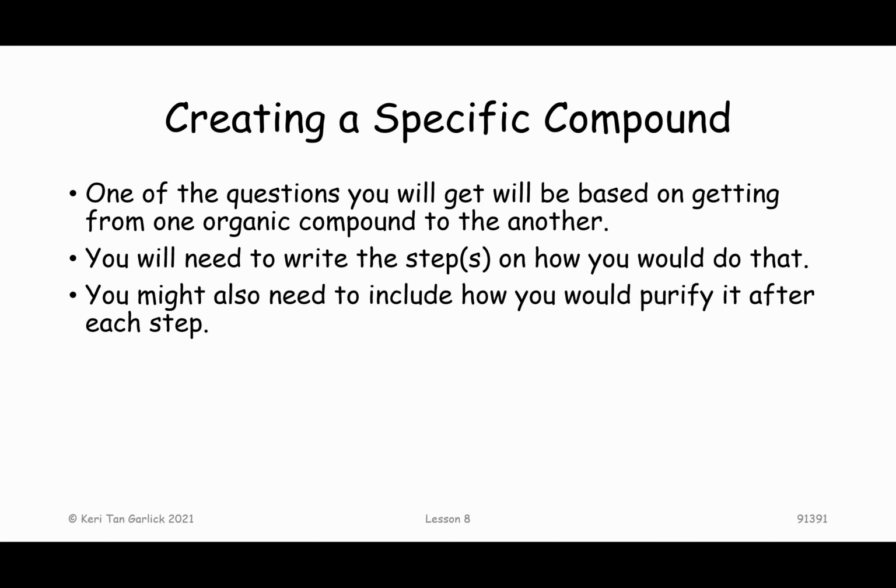Some just want you to explain how you would do the conversion and what reagents you'll need in order for that reaction to occur, so the flow chart's really useful. Other questions will also integrate another layer where they ask you what equipment you need to use and why. So that's the focus for the second half of the organic techniques.